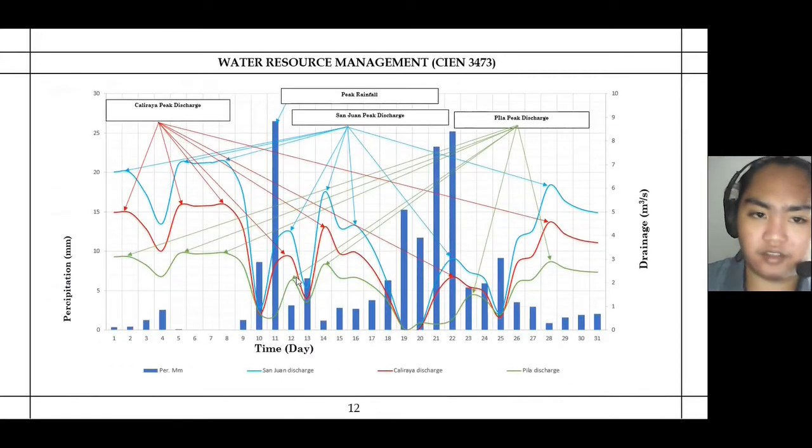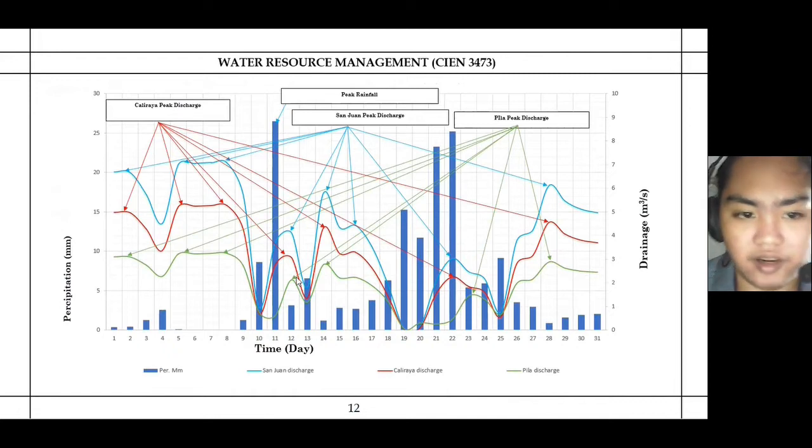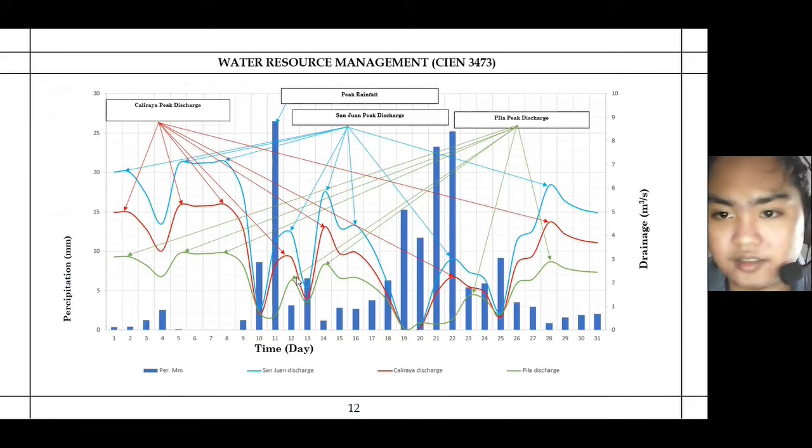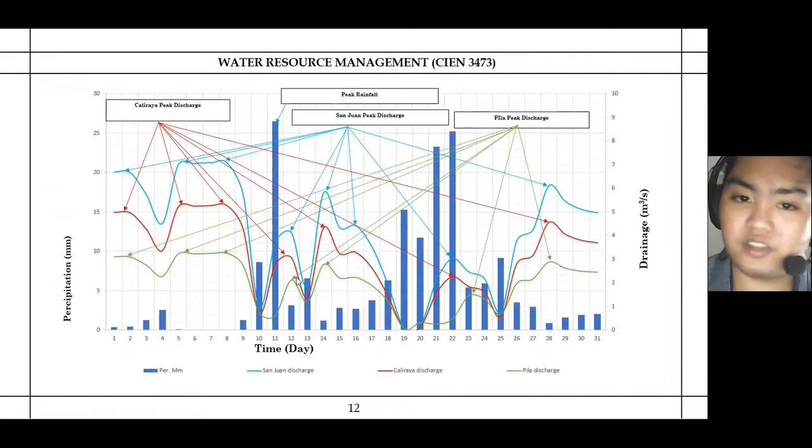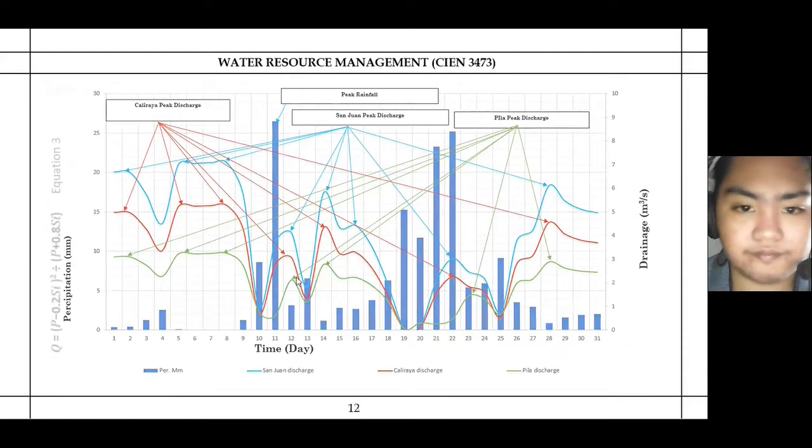This represents the hydrograph for the three sub-basins. Sky blue represents the San Juan discharge hydrograph. Red represents the Caliraya, and light green represents the Pila sub-basin. And the bar chart represents the peak rainfall data for the month of August 2021.